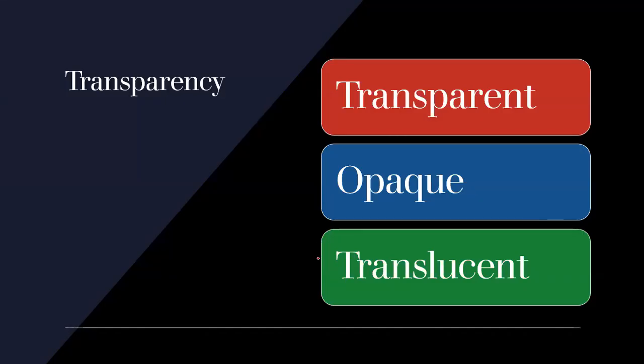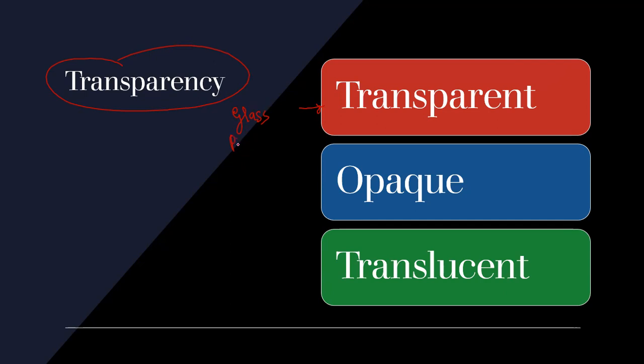Then one more interesting aspect, that is the transparency. Transparency is nothing but based on whether we can actually see through the things or not. Those substances through which we can see, we can call the transparent substances. For example, the glass, you would be able to see through it, right?